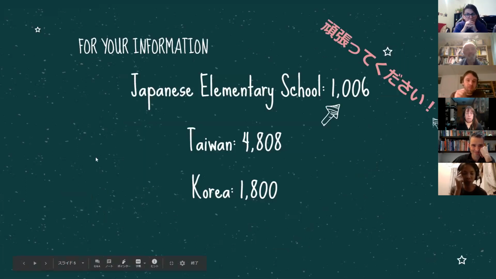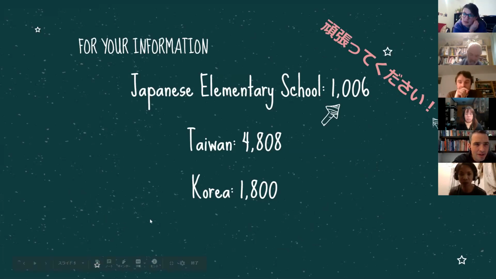For your information, the Japanese elementary school teaches 1,006 kanji. You can set this as your goal for the next 6 years. So you can learn like 1,000 kanji over the next 6 years. It's not really much.